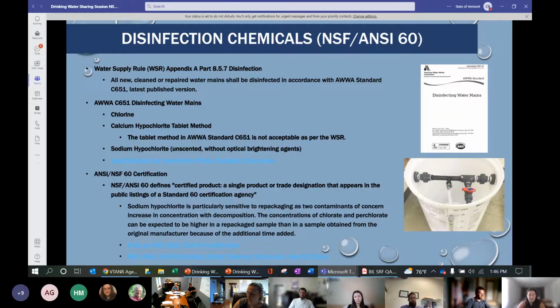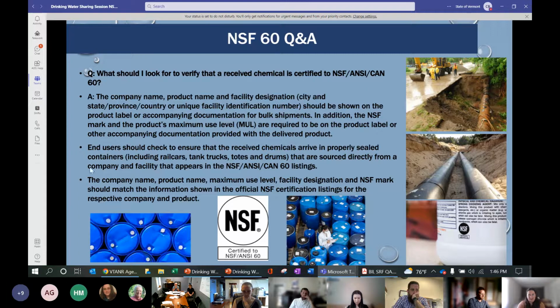So for that reason, and probably additional reasons that I'm not aware of, once the disinfection chemical that was certified ANSI NSF 60 comes out of its container to disinfect the water mains, it actually is no longer certified. That's not something that we really have an answer to in the division, but it's important to make sure that it is NSF 60 certified when you buy it.